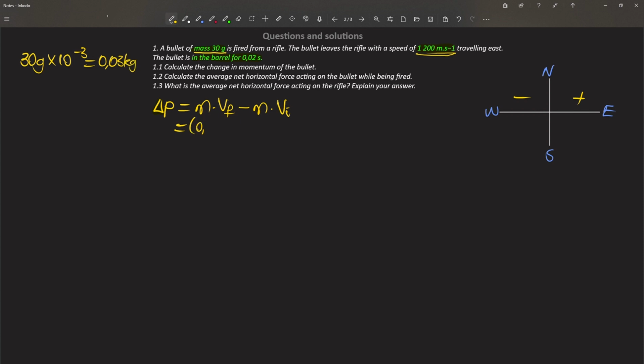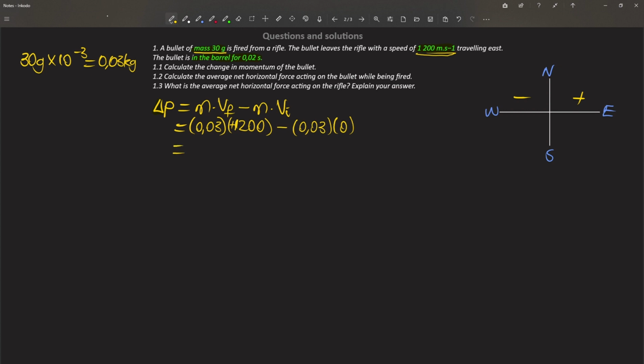So now we'll have 0.03 kilograms times 1200 meters per second, subtracting 0.03 times the initial velocity. And what's our initial velocity? Our initial velocity is 0. That is before the bullet gets fired. The velocity was 0. Immediately it got fired and it left the rifle at a speed of 1200.